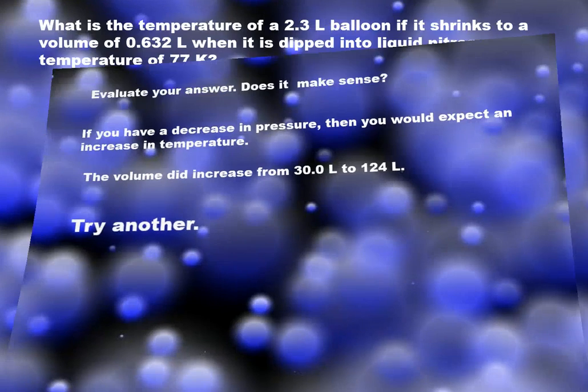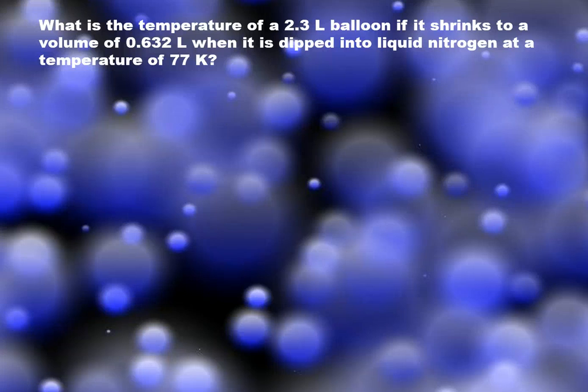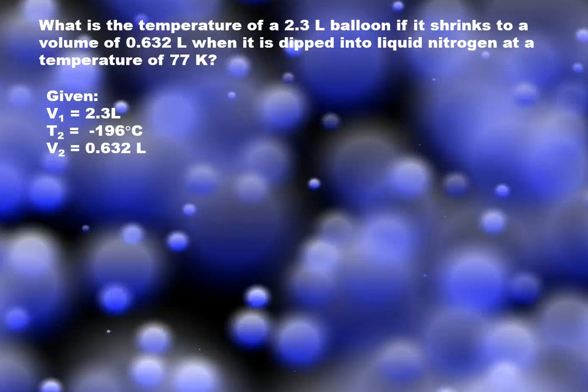Let's try another one now. What is the temperature of a 2.3 liter balloon if it shrinks to a volume of 0.632 liters when it is dipped into liquid nitrogen at a temperature of 77 Kelvin? Okay, so our givens, we have V1, T2, and V2, and our unknown is T1.